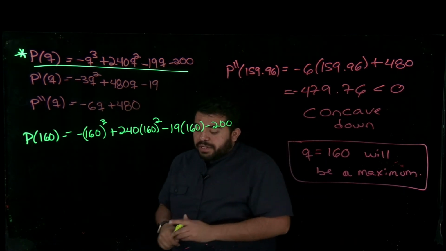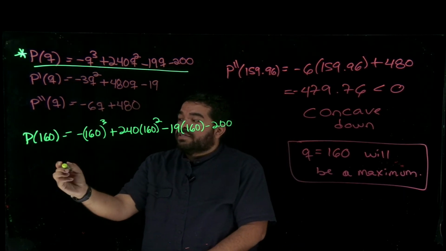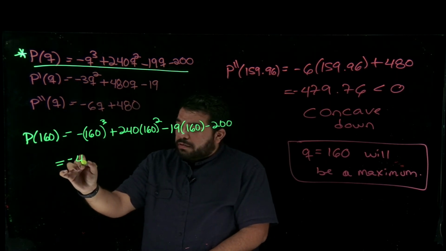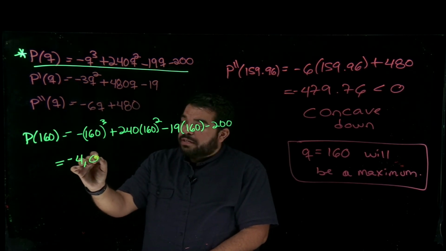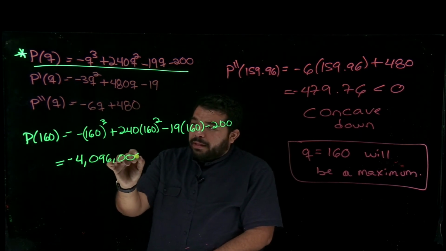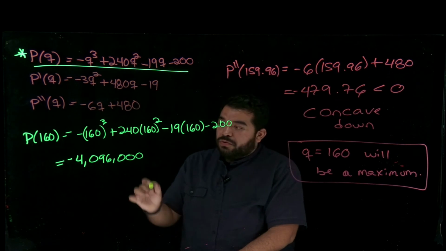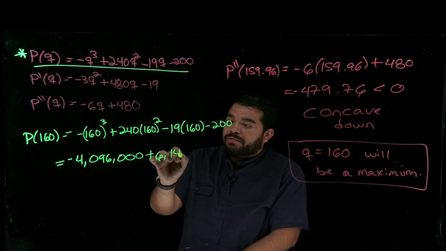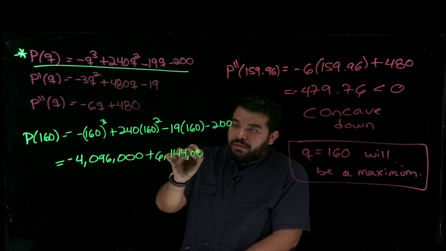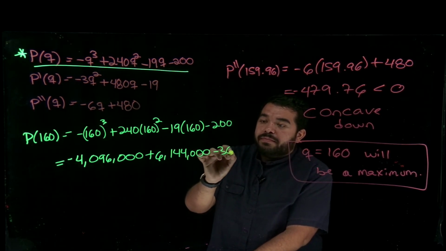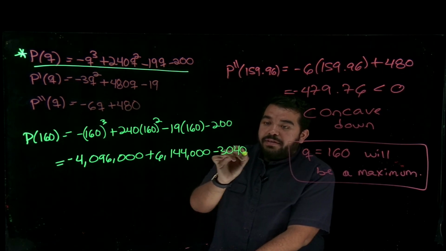So using our calculators here, when I go ahead and plug this into your calculator, I have negative 4,096,000. Then I continue to plus 6,144,000 minus 3,040 minus 200.